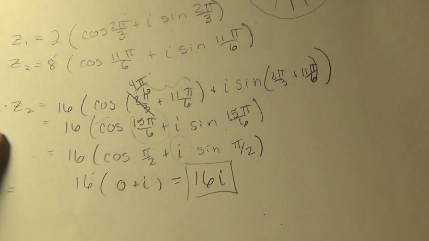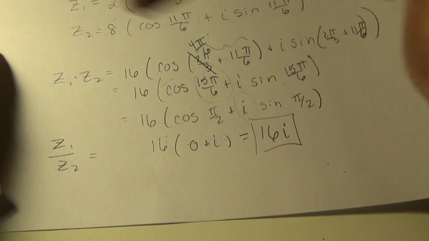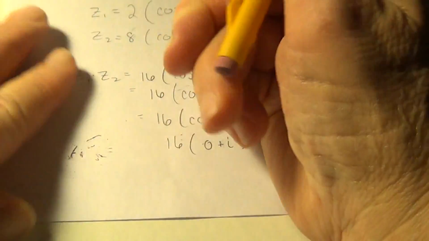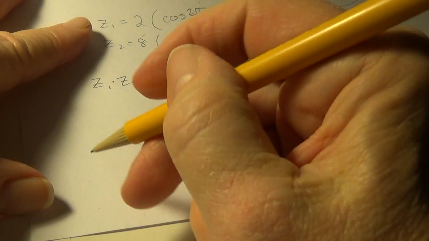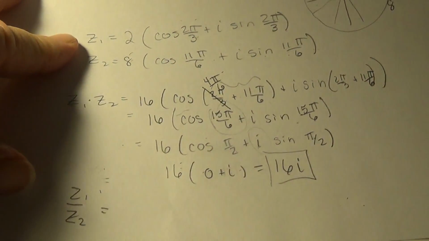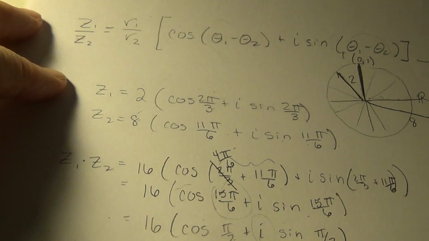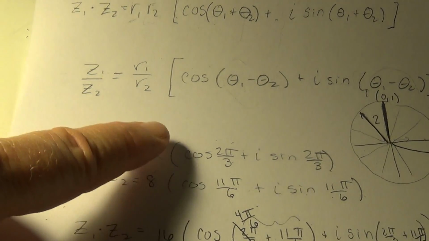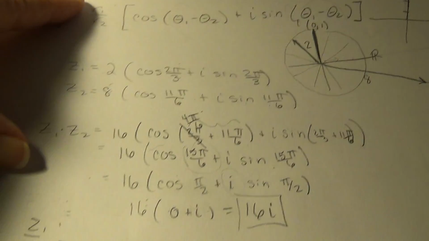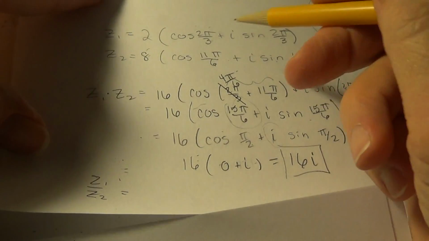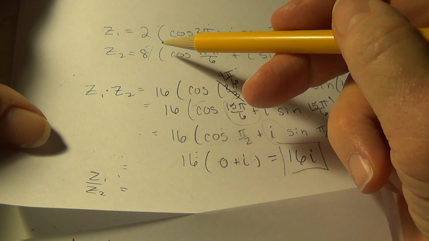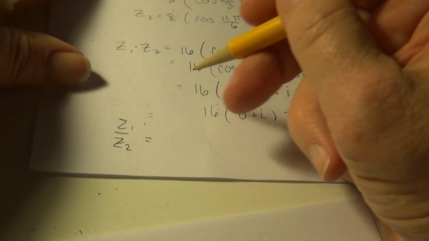All right, we'll finish by looking at Z1 divided by Z2. So we'll get started on that. Same problem, except I'm going to divide these two numbers instead of multiplying them. I'm going to use this principle: I divide the magnitudes and subtract the angles. So dividing the magnitudes, I'm going to get 2 over 8.